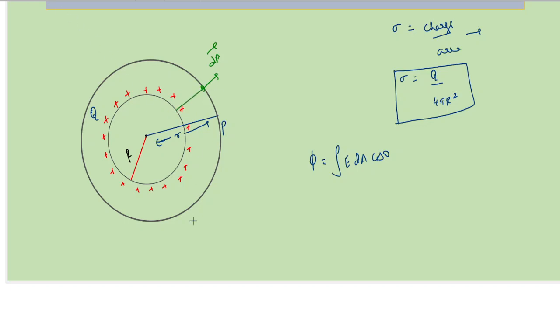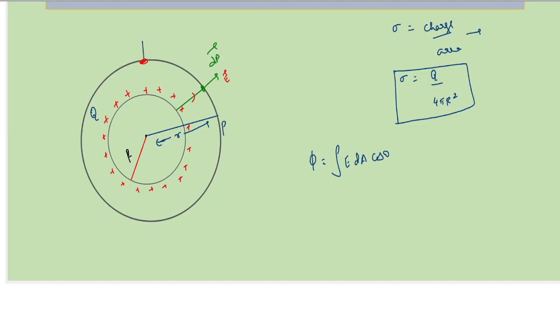So what we find is that the electric field and area vector are in the same direction. If you take some other small area on the sphere, even for this, the area vector would be normal to this part. We saw this in the theory part.